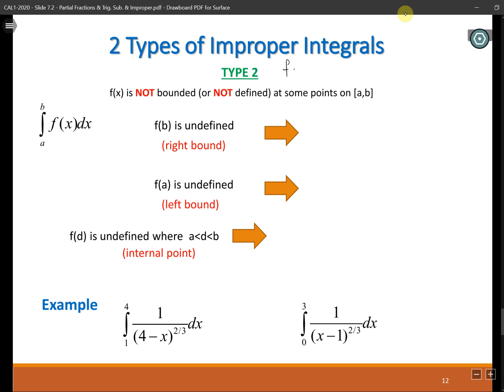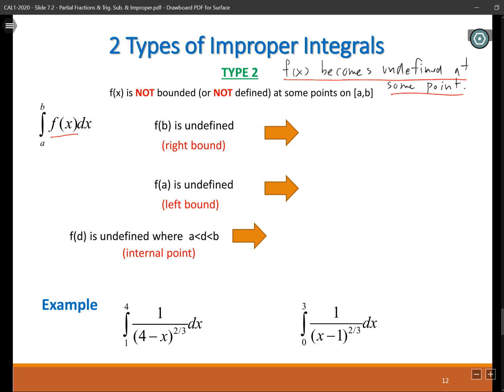F(x) becomes undefined at some point. Alright, so that is the main thing. The problem is going to happen with this f.